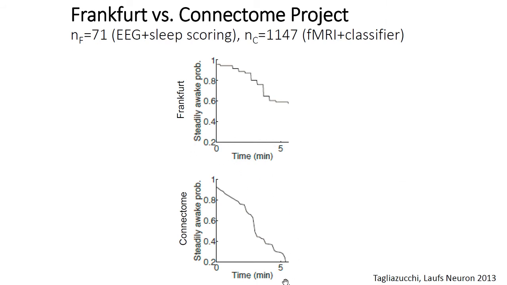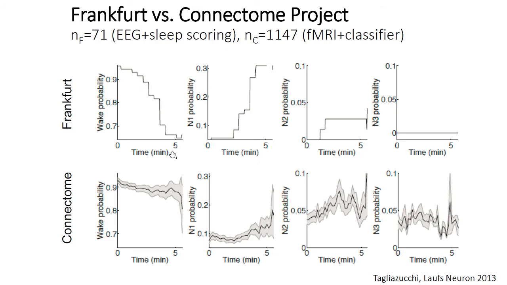But for example, if we plot the probability of being steadily awake in our data, it is, of course, 60% after 5 minutes, and we have a similar decreasing trend in the connectome data. So we verify that for the connectome data and the Frankfurt data, which is the data we acquired in Frankfurt using EEG-fMRI, there is a tendency in both of them of subjects falling asleep. This is the probability of observing a subject losing wakefulness in our data, and this is the probability of observing a subject falling asleep in the connectome data.